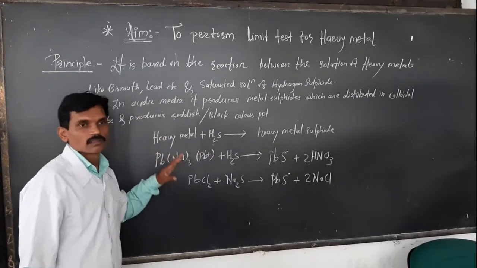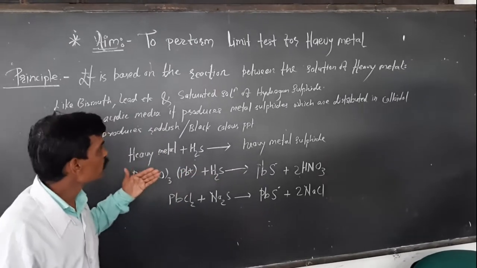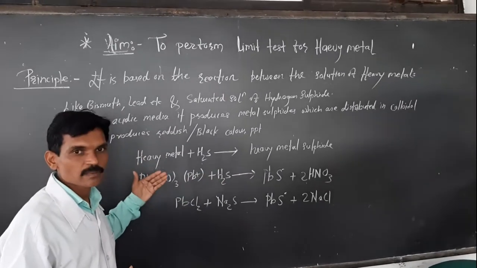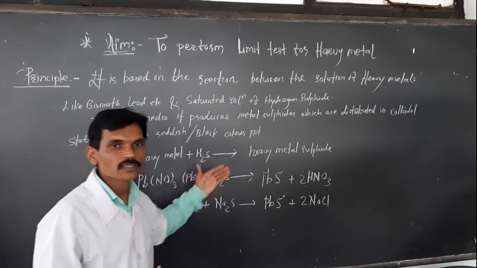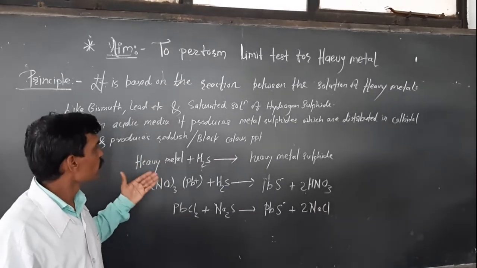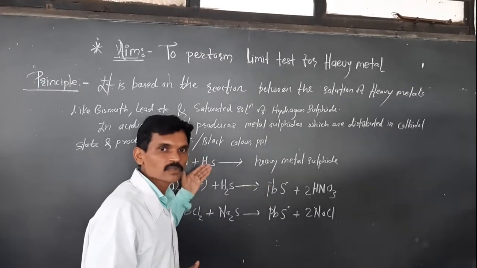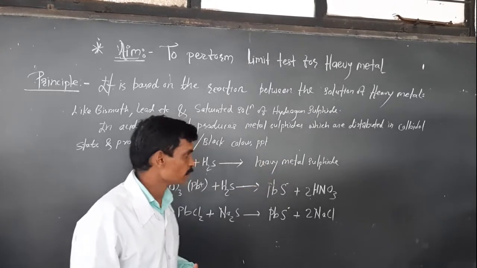This test is based on the comparison of the black precipitate produced in the standard solution with that in the test solution, or, if there is a color, the intensity of color of the test sample is compared with the standard.